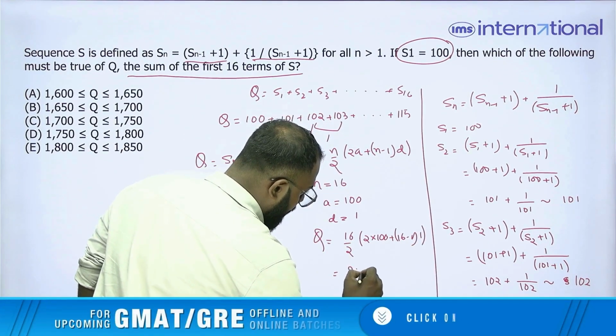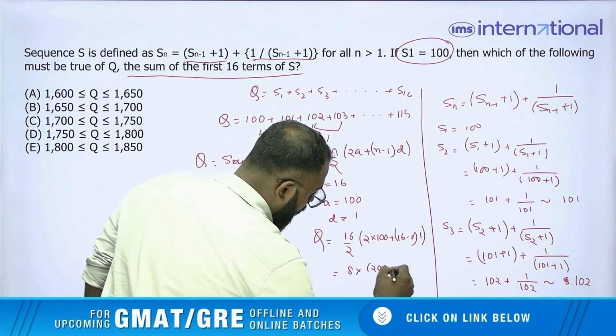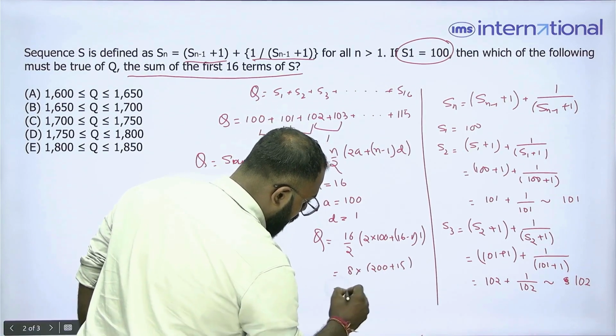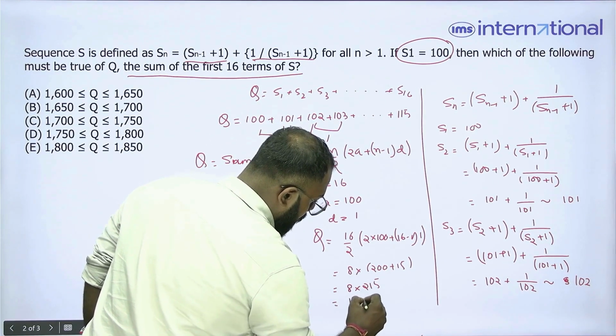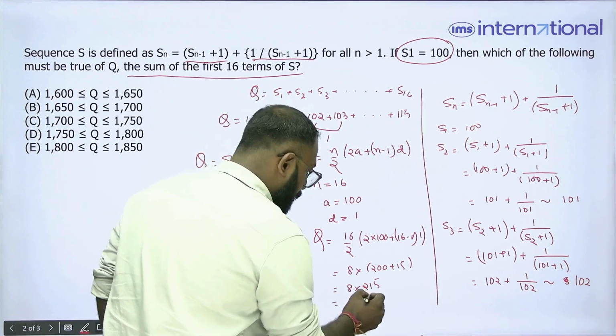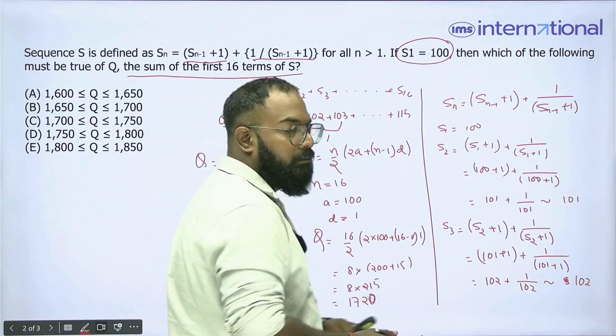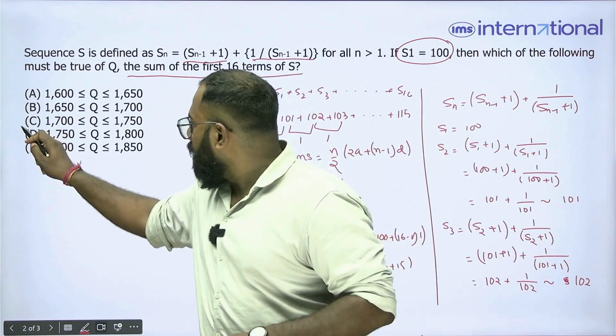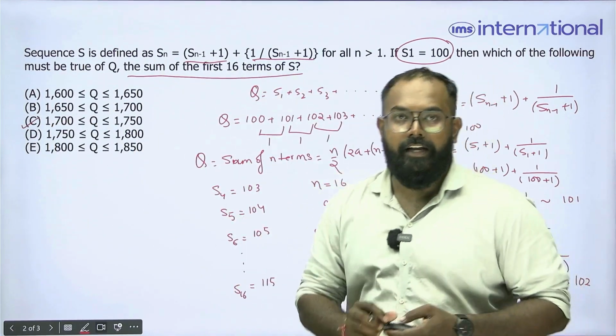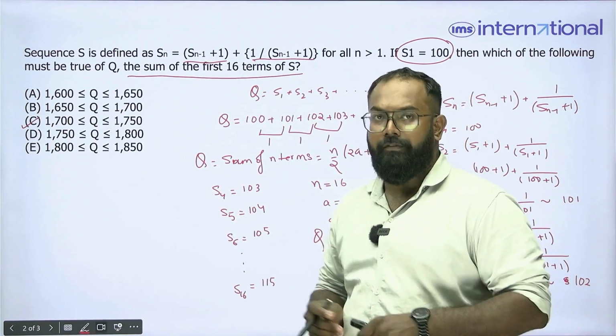That is 8 times 200 plus 15, which is 8 times 215, which is nothing but 1720. Now my Q is approximately equal to 1720. That means my Q will lie in this range, that is from 1700 to 1750.